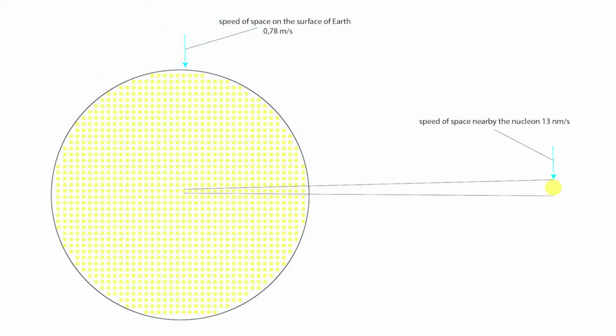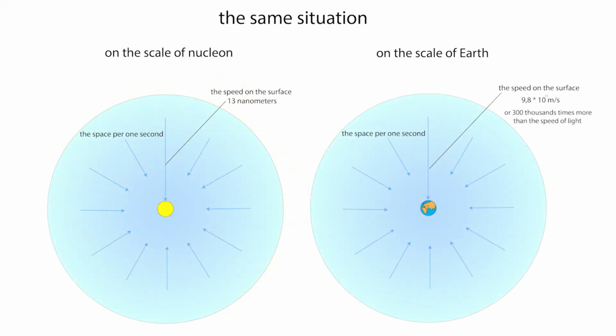But if the speed of space on the surface of planet Earth were equal, for example, to the first escape velocity, then these values of speed will be 10,000 times more. However, the speed of space on the scale of the nucleon looks very small, but on the scale of the Earth looks huge. It's so different depending on scale. But what can be common for these situations?